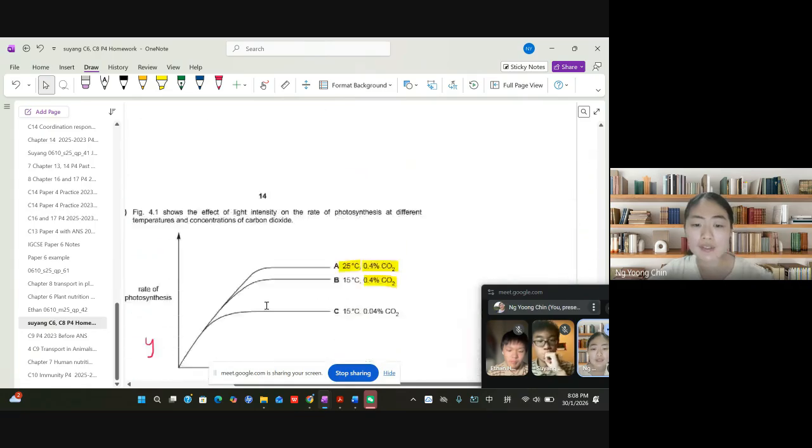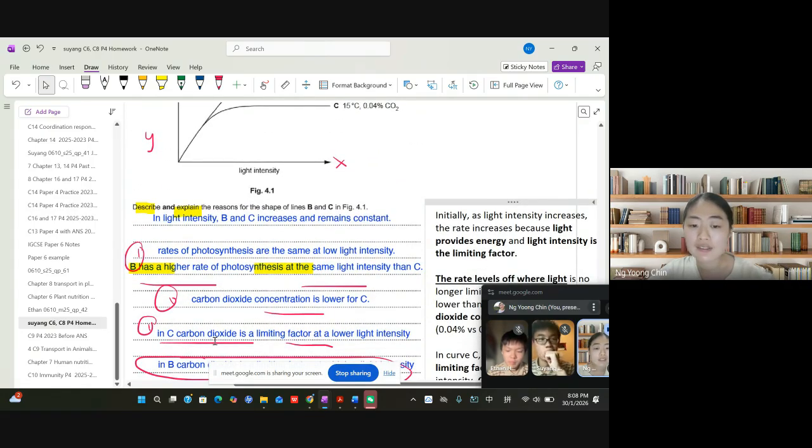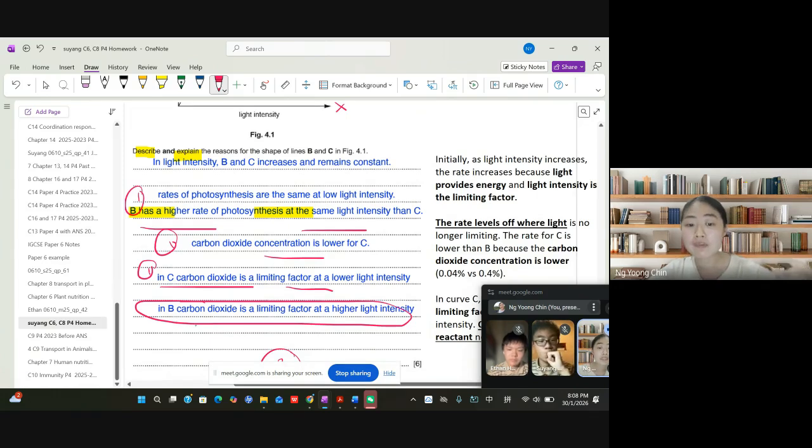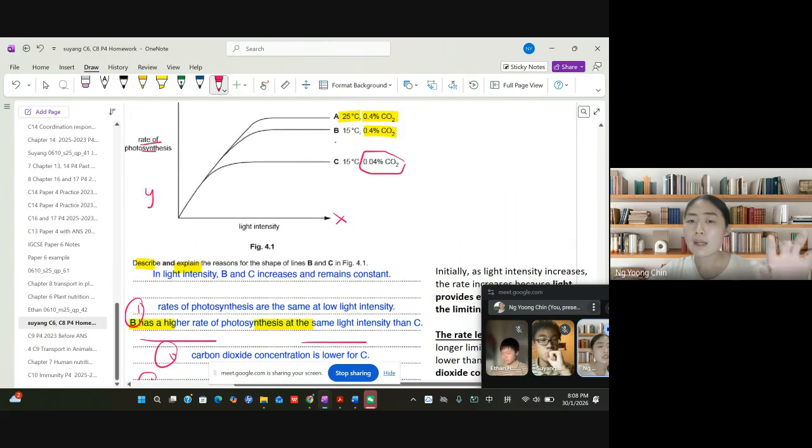You say that in C, carbon dioxide is a limiting factor at the lower light intensity. This one I agree with, because when you increase the carbon dioxide, it will increase the rate of photosynthesis. So carbon dioxide is clearly the limiting factor at point C. But at point B, the carbon dioxide concentration is no longer a limiting factor, because you can see A also has the same carbon dioxide concentration, which is also 0.4%.